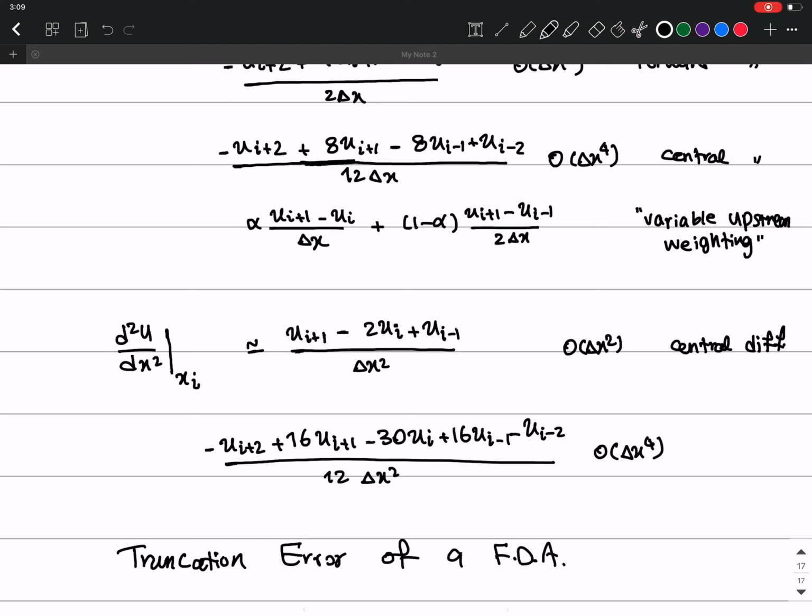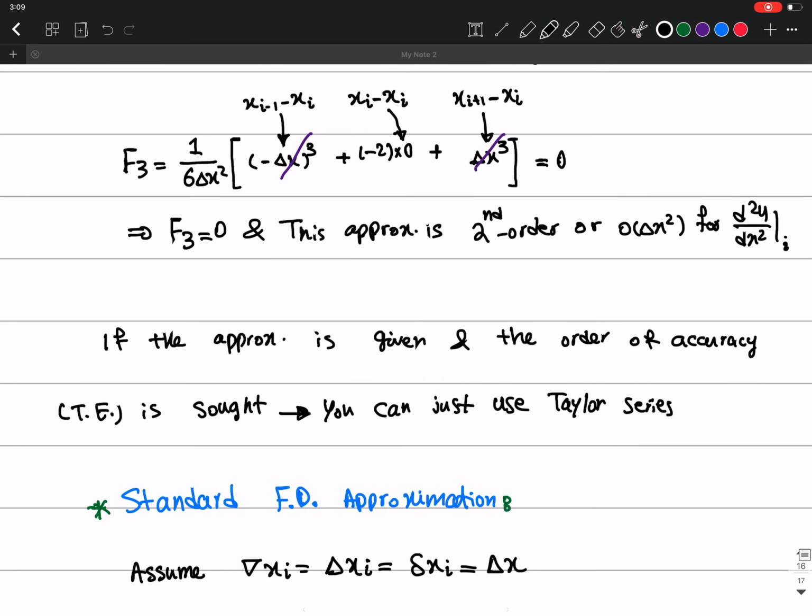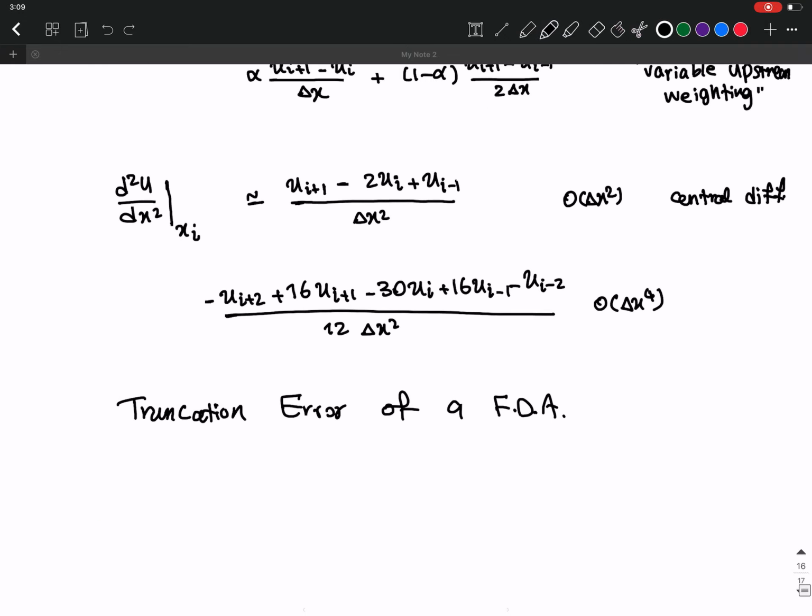For that I'm not going to use the method that I've used here; I'm going to use the Taylor series, similarly to the point that I tried to make: if the approximation is given and the order of accuracy is sought, you can just use a Taylor series. Okay, so I'm going to solve an example for that in the next lecture.